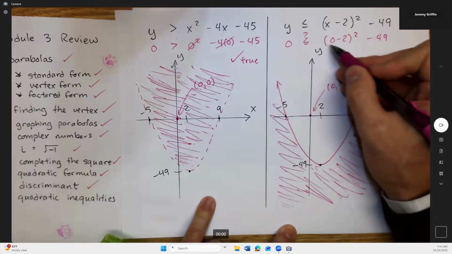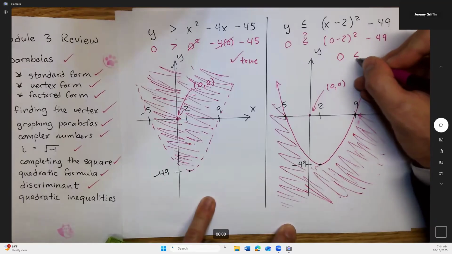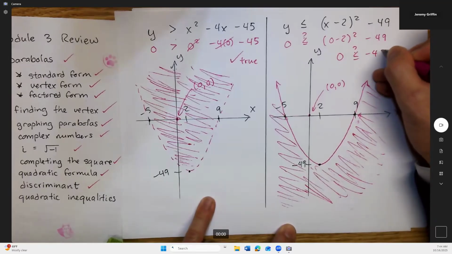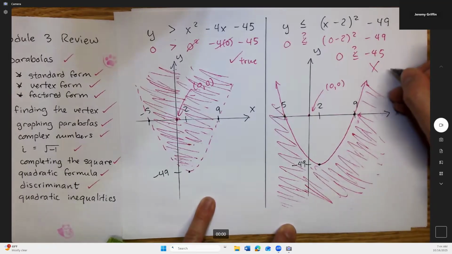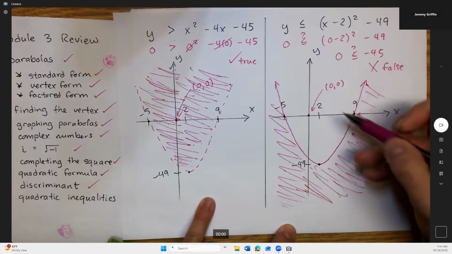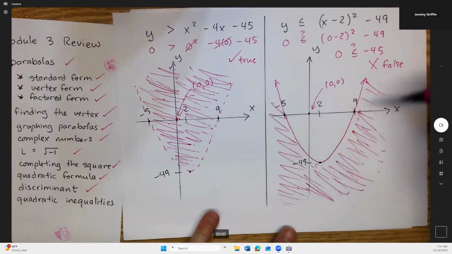Well, this is positive 4, and positive 4 minus 49 is definitely negative, negative 45. So is 0 less than or equal to negative 45? Definitely not. 0 is not less than a negative number. So it's false, which means you would not want to shade the side that includes (0, 0), which of course I did not. So we got that.